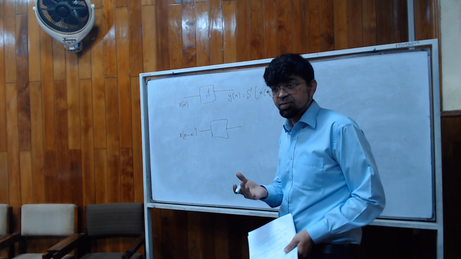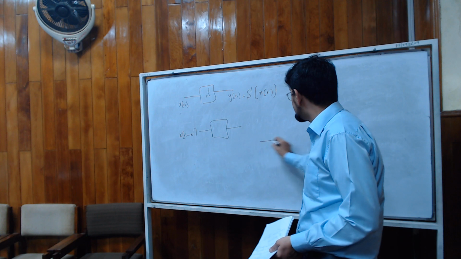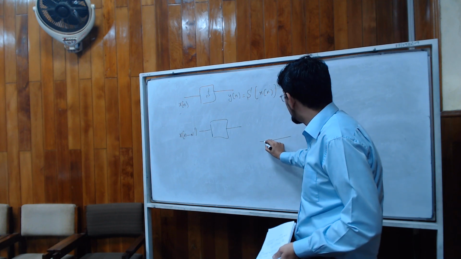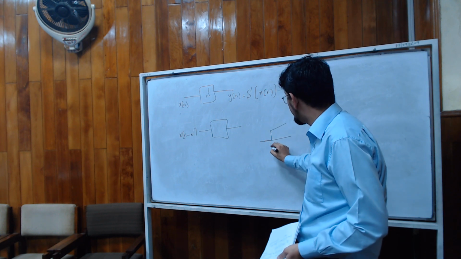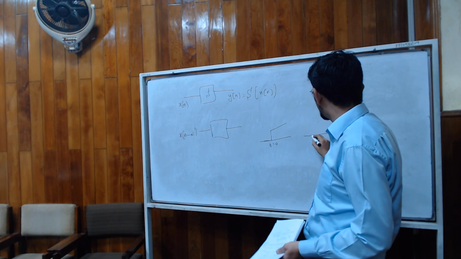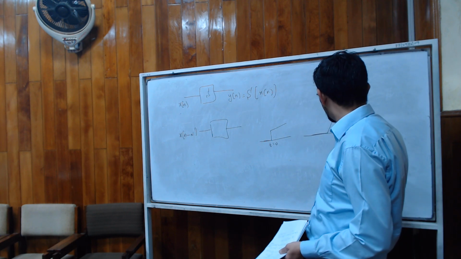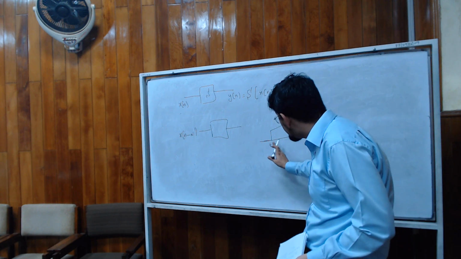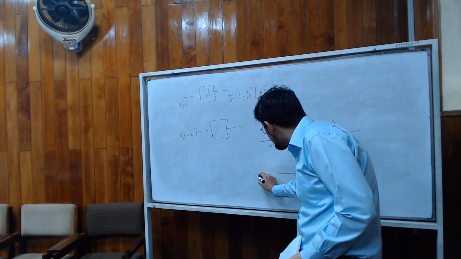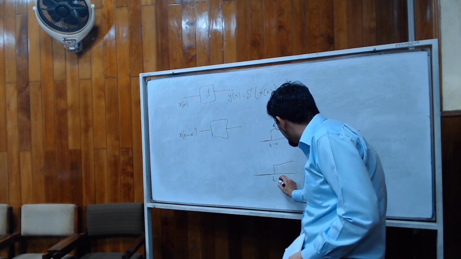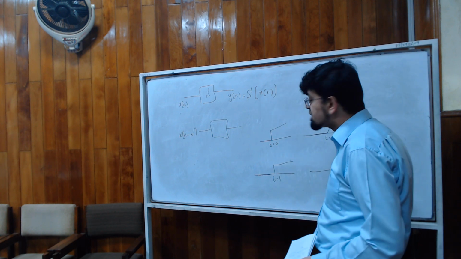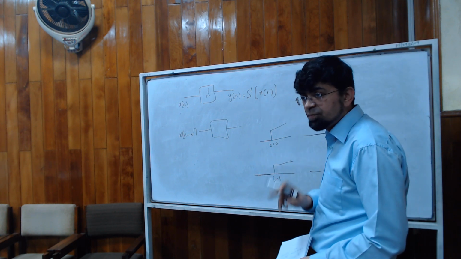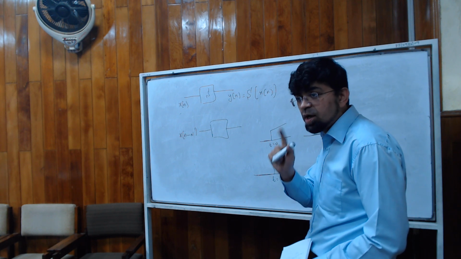I have discussed this before, right? Let's say I sent in this input at t equal to 0 and the output was a triangle that started at t equal to 5. If you shift this input so that it's starting at t equal to 1 now, does the output look exactly the same as it was before except for one change only?